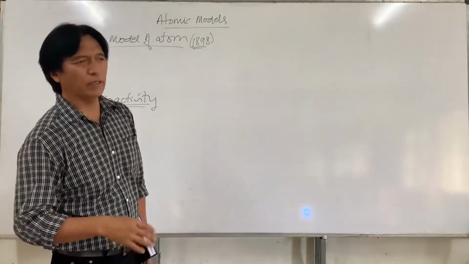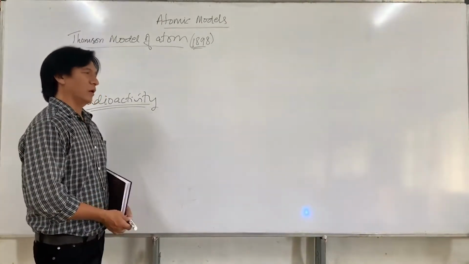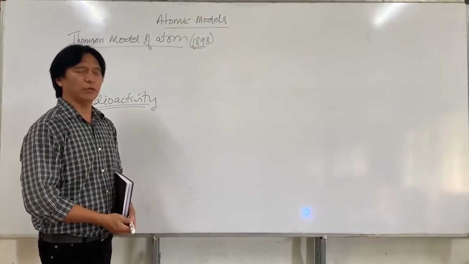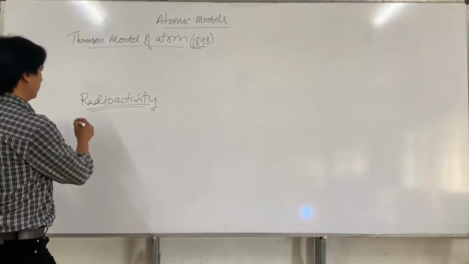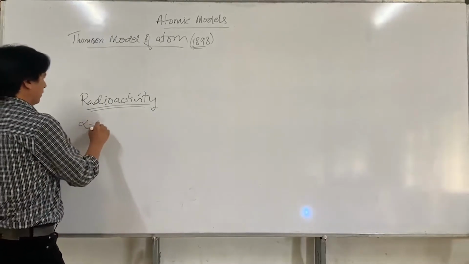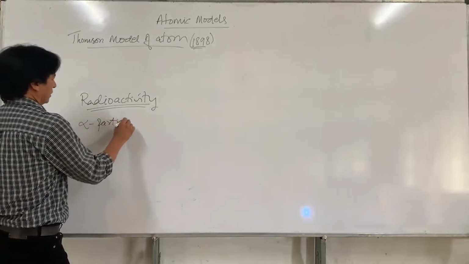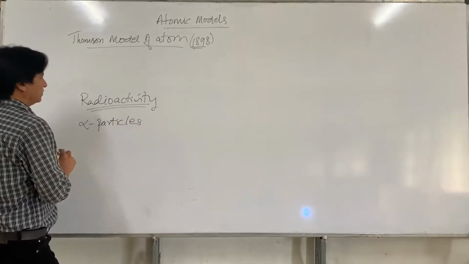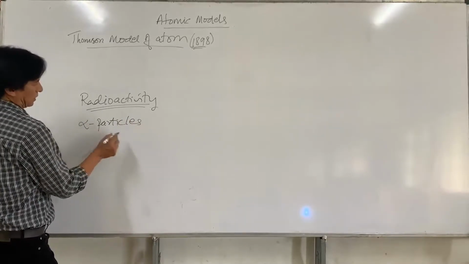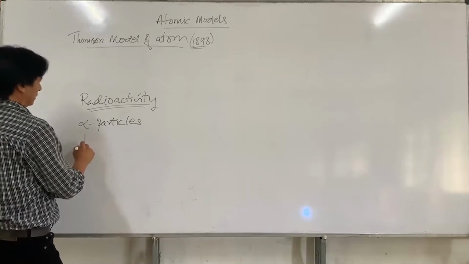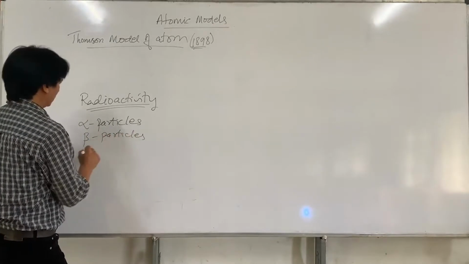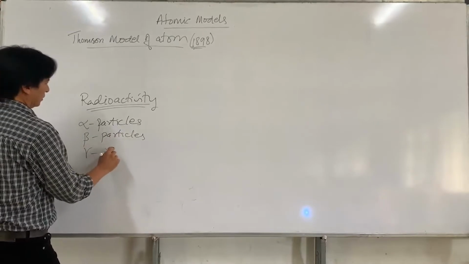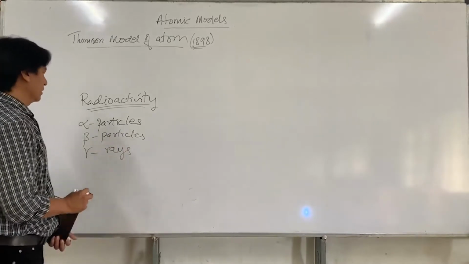So there are mainly three types of rays that are emitted during radioactivity by these radioactive elements, and these are what are known as the alpha particles. Then the next one you have is the beta particles, and then the third one, these are called the gamma rays.